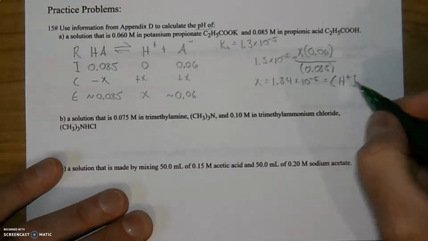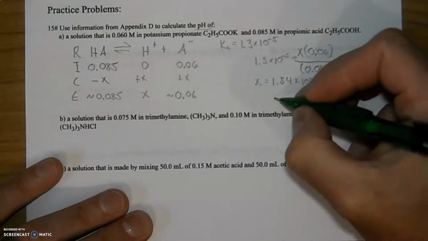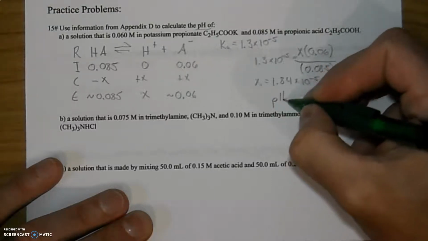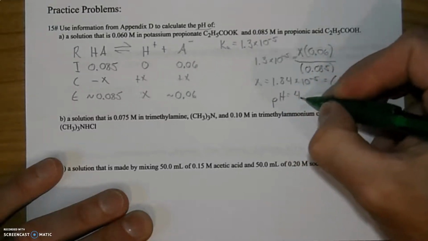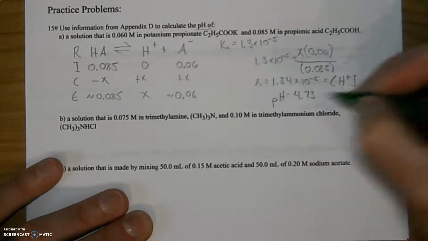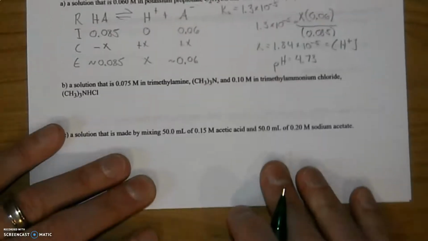If we do the negative log of that value, we will find the pH is equal to 4.73. Done.